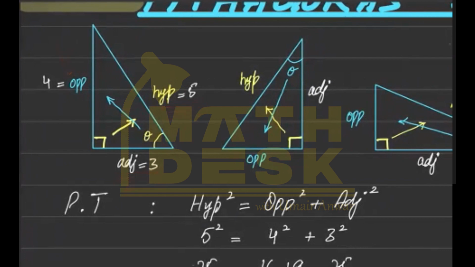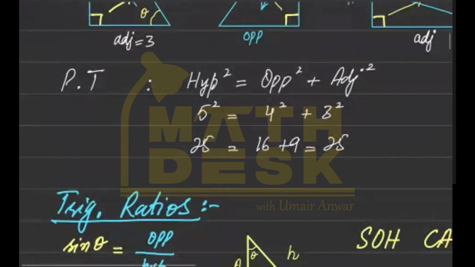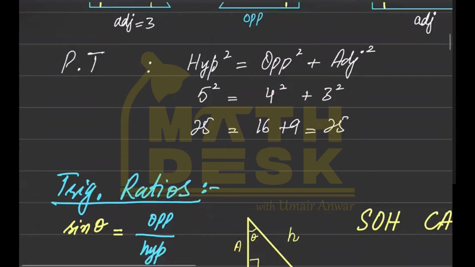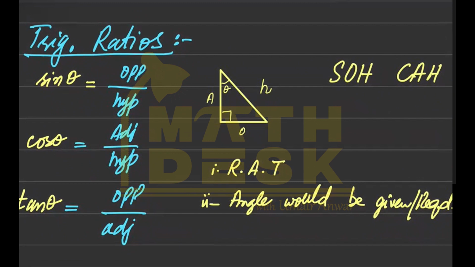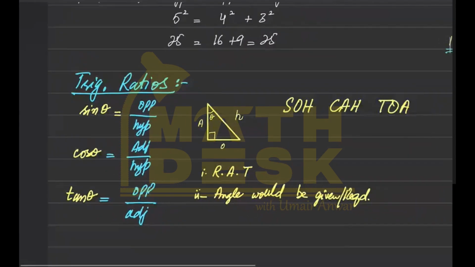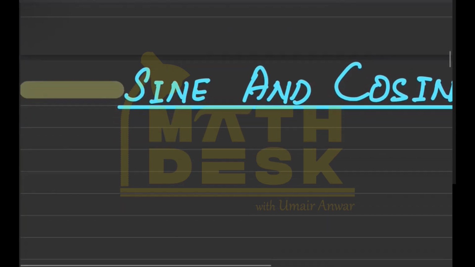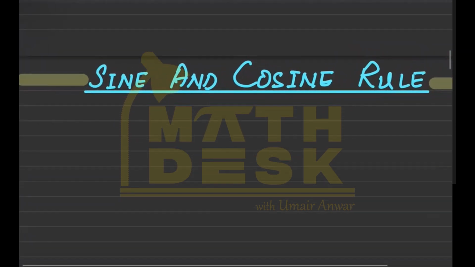So it means that we would be going for the Pythagoras theorem. But if the angle is also involved, whether it is given or required, then the trigonometric ratios do get involved if the triangle is a right angle triangle. So these were the two basic things which are involved in right angle triangle.